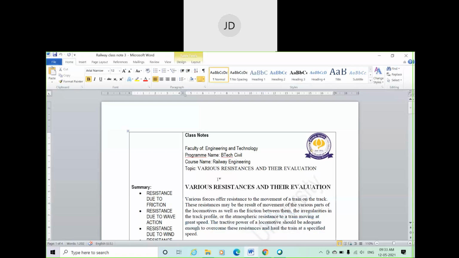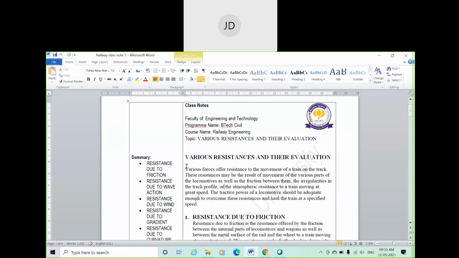It basically depends on the shape and size of a particular wagon. That means we have to prepare the shape of a wagon in such a way that it can overcome the wind forces or wind drag. So this is the basic summary of various resistances acting against the movement of the train.